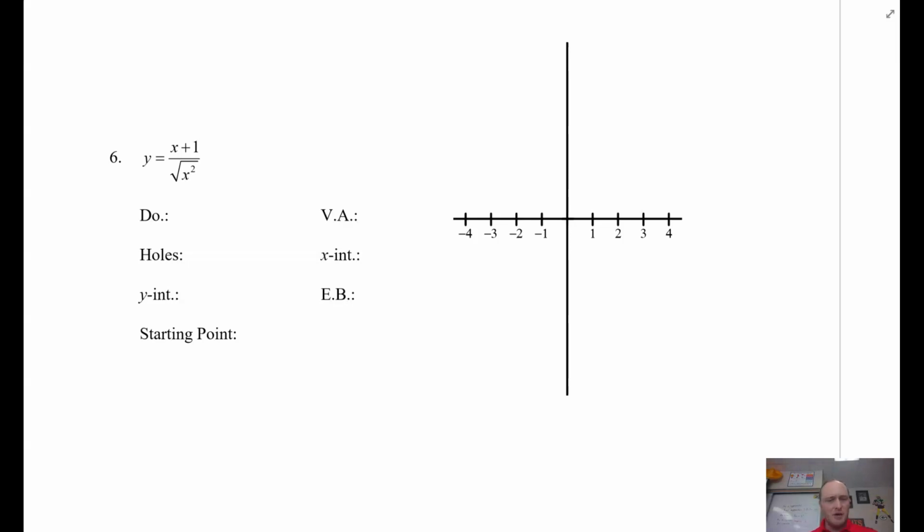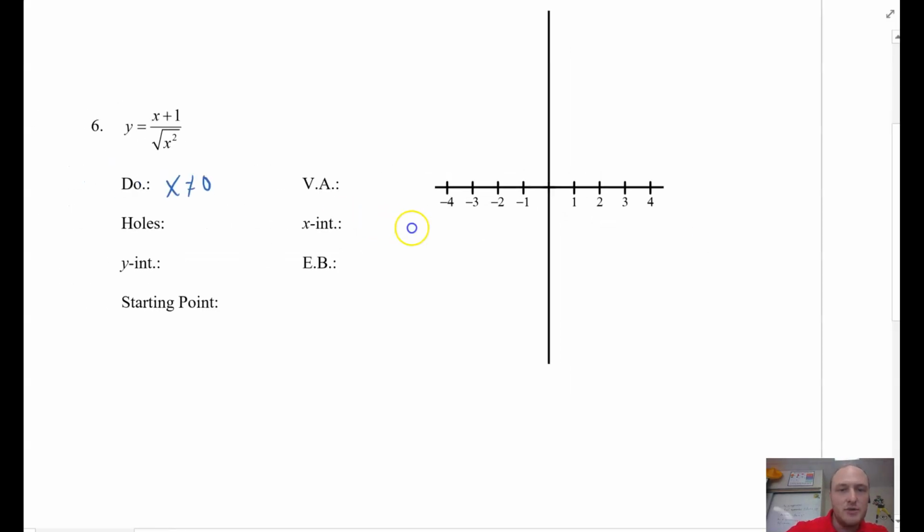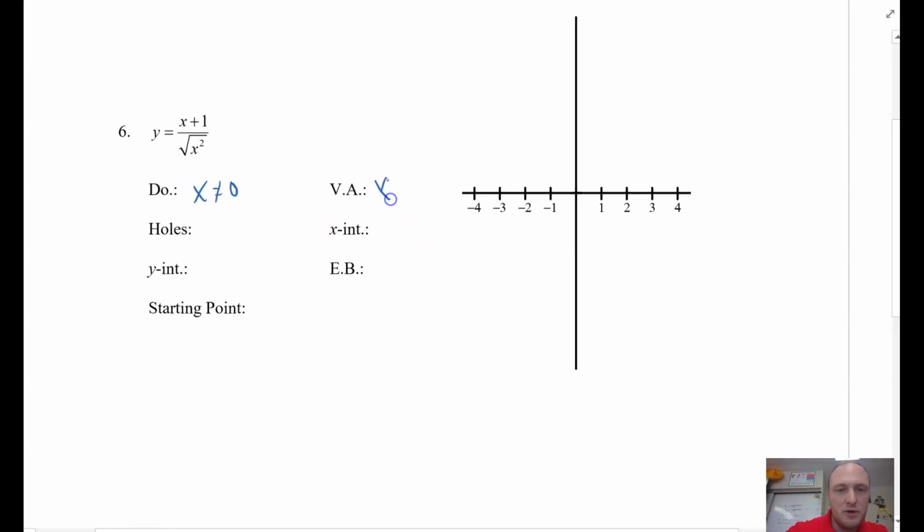So just going through these values here, again, our domain cannot be 0, and that would make our denominator 0, and due to this, we're going to have a vertical asymptote at x equals 0.